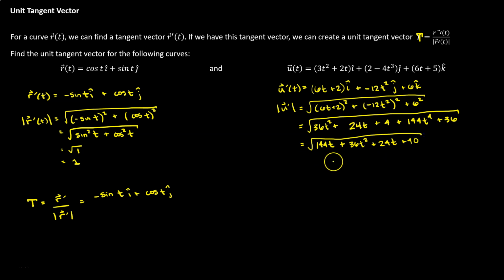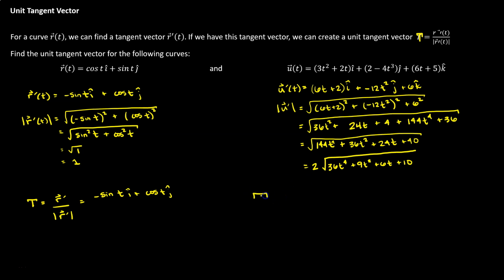I happen to know that there's a factor of 4 in each one of these numbers, and if I factor a 4 out, then I can write this, I almost forgot my 4 exponent there, but I could write this as 2 times the square root of 36t to the 4th plus 9t squared plus 6t plus 10. So that's the magnitude of this vector u.